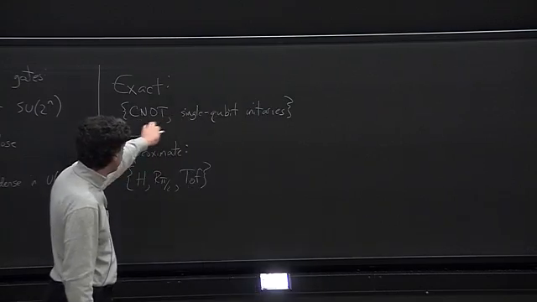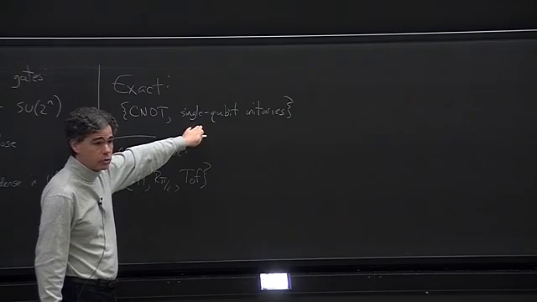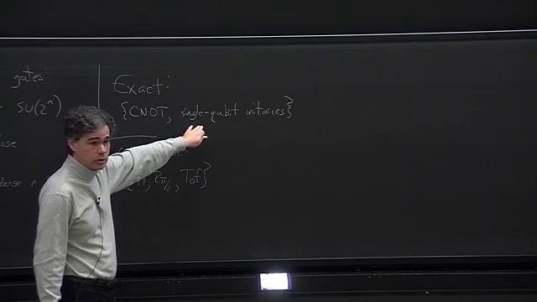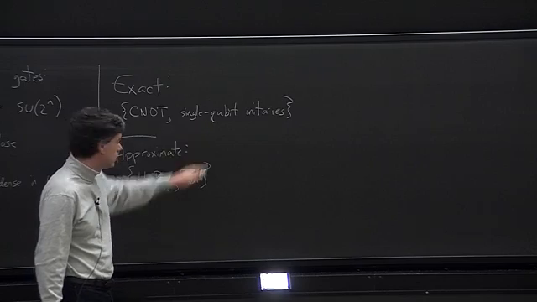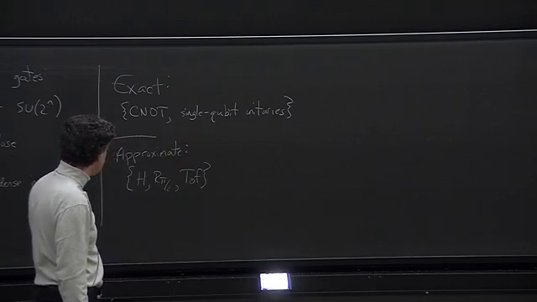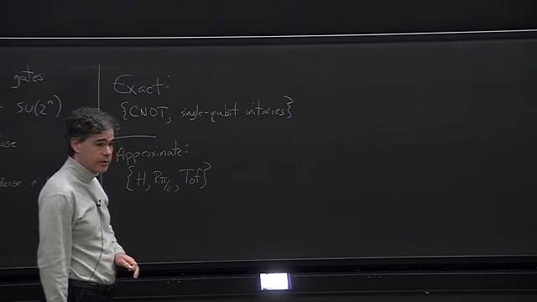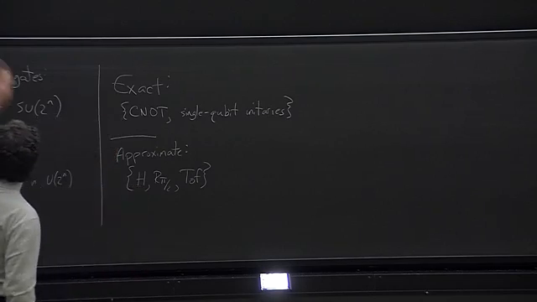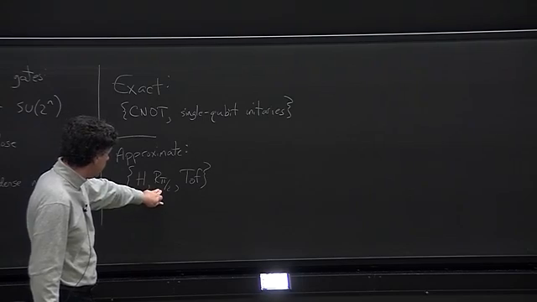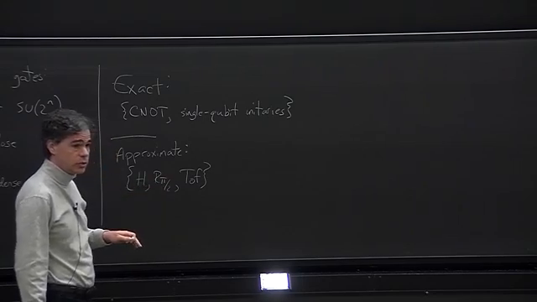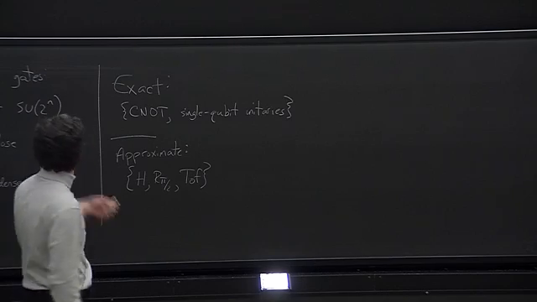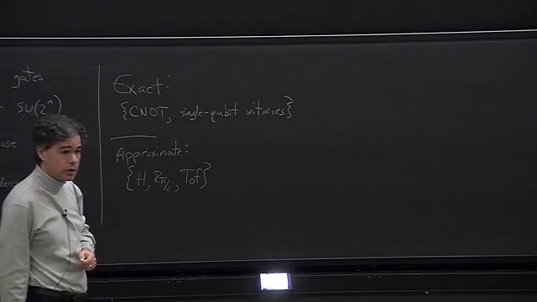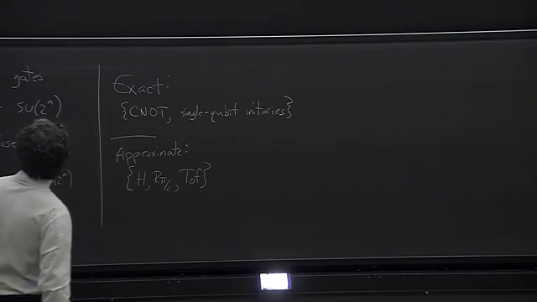So this, of course, is an infinite set of gates because you're doing arbitrary single qubit unitaries, U2 gates. This is a finite set of gates. And so what does it have? It has the Hadamard in it. It has this phase rotation, which is the square root of Z. So it's the 1, i diagonal gate there. And it has the Toffoli gate.